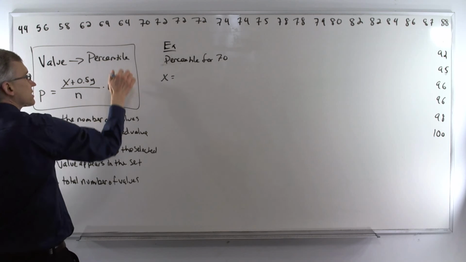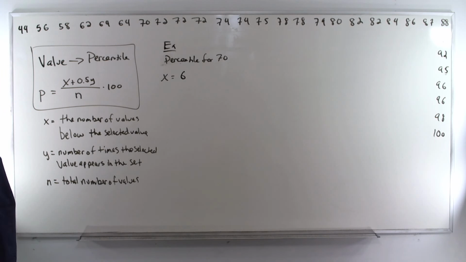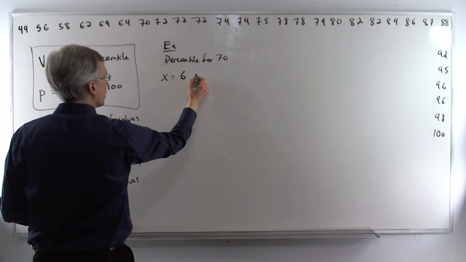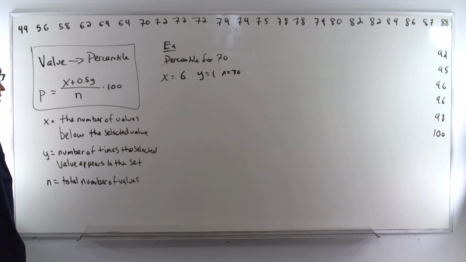Do not count 70 itself. So that gives us an x of 6. And the number of times 70 appears is just 1, so y equals 1. Same data set, so n equals 30.